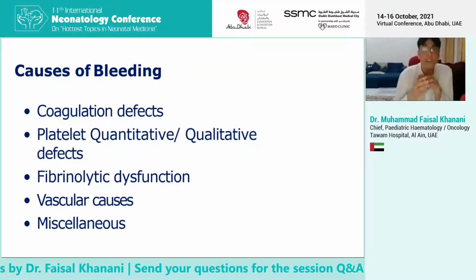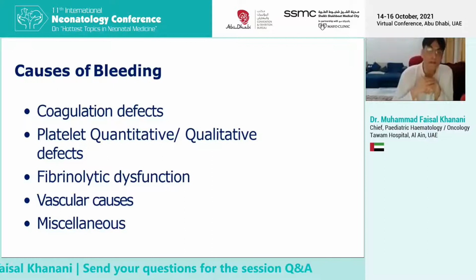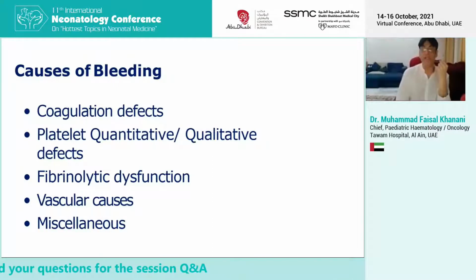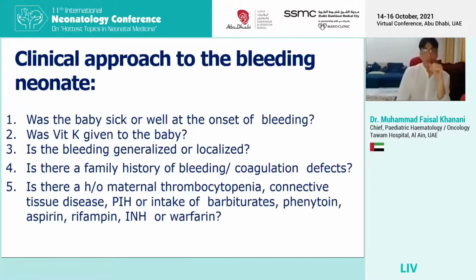Now, the causes of bleeding can range from coagulation defects, quantitative or qualitative defects in the platelets, or fibrinolytic dysfunction. You can also say vascular causes or miscellaneous. When you approach any neonate in a neonatal setting, you have to look at several things.